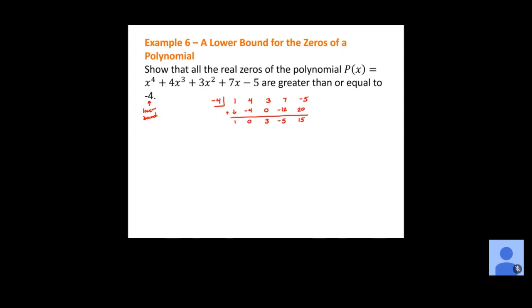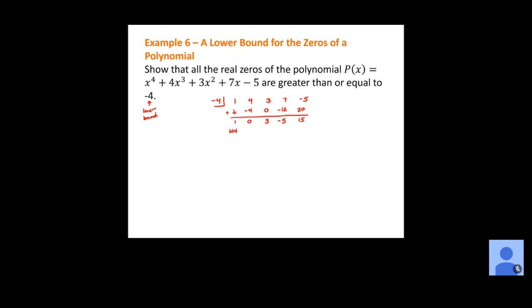Now remember, if we have a lower bound, we need these things to alternate non-positive, non-negative, right? So let's start with the 1. Is that going to be non-positive or non-negative? That one's non-negative, right? So we have a non-negative entry here.